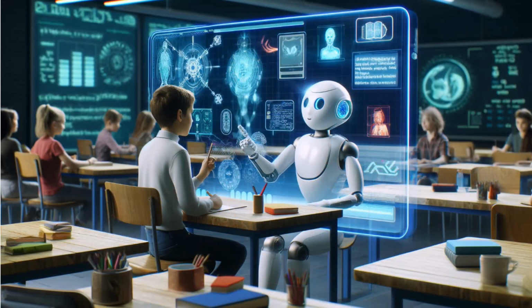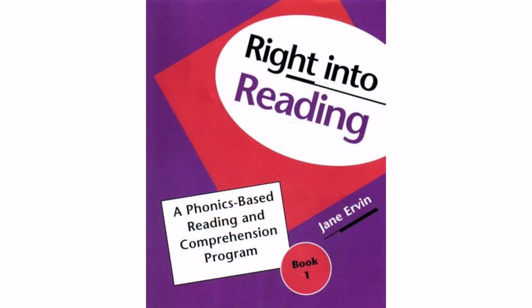Another treatment that might be of interest would be the impact of AI tutors on learning. And another treatment or intervention could be phonics-based reading curriculum versus an existing one that might not be completely phonics-based.